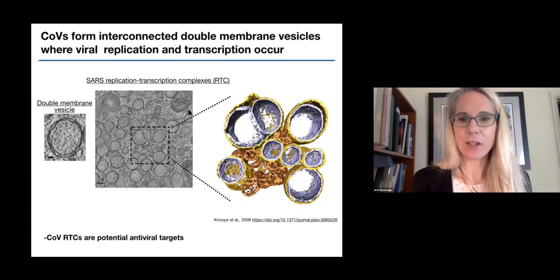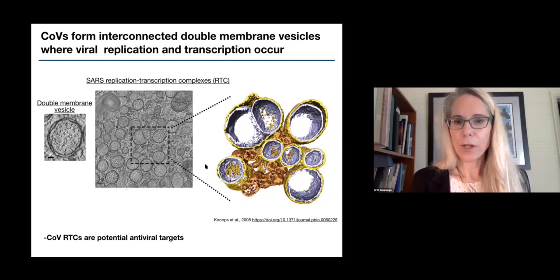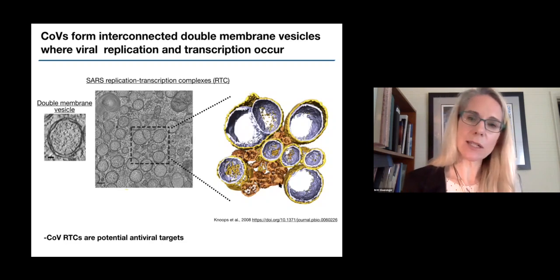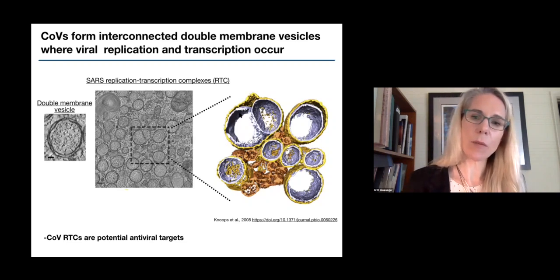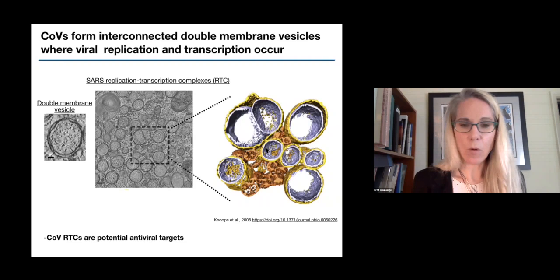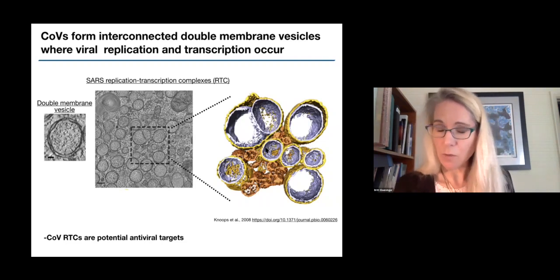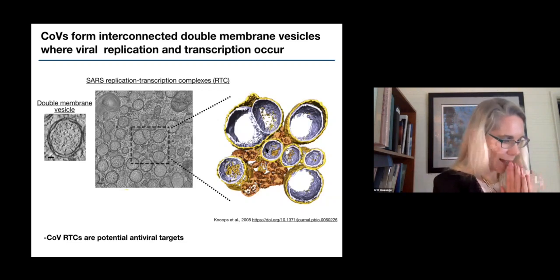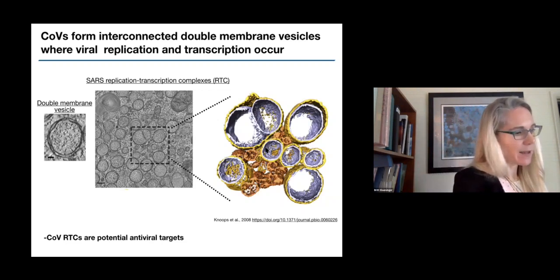And this is a tomograph reconstruction showing you a group of these vesicles. It looks like the outer membrane is probably contiguous with the rough endoplasmic reticulum, which is what's thought that these are derived from. And then you have these inner vesicles that are formed.